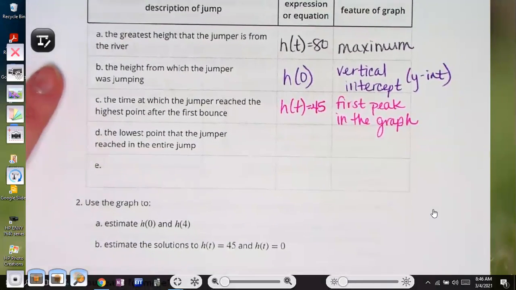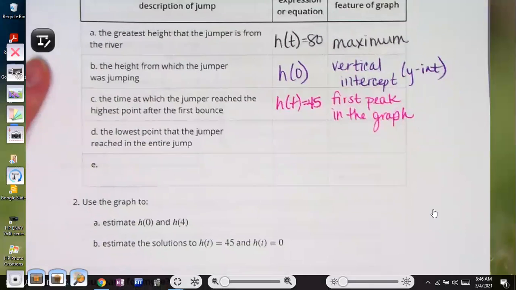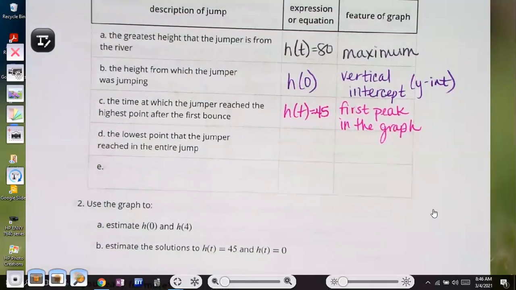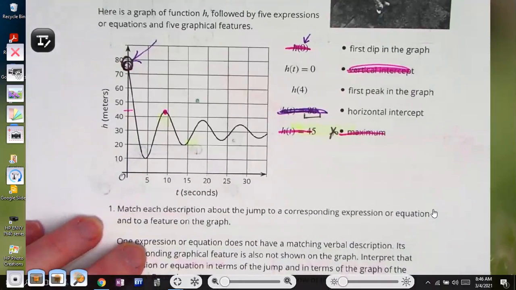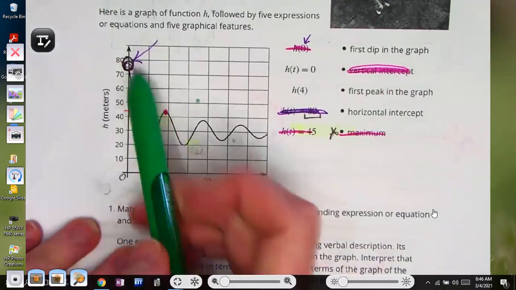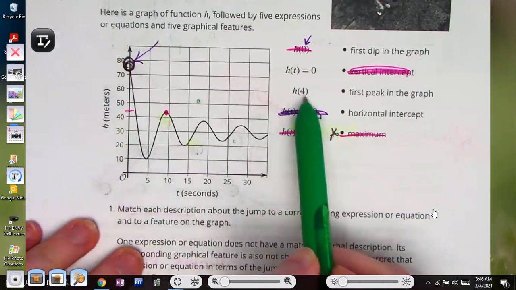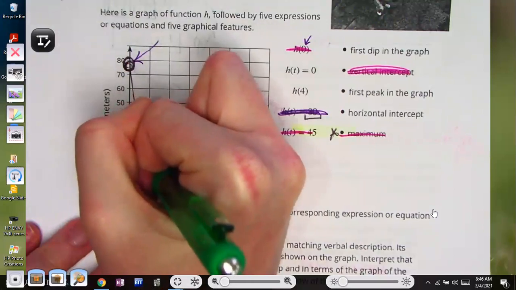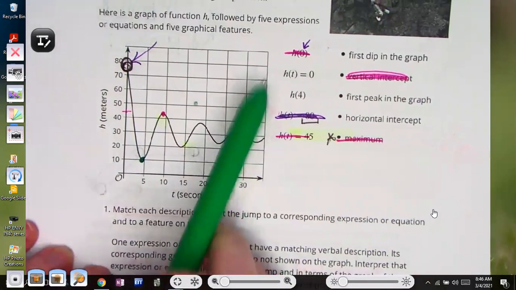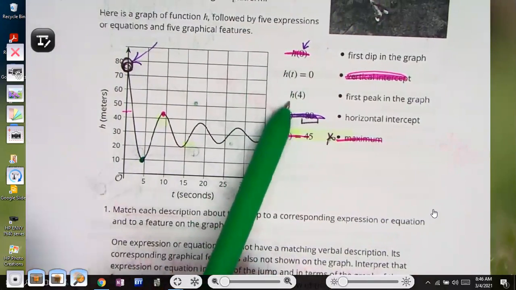All right, D says the lowest point that the jumper reached in the entire jump. What is the lowest point that the jumper reached the entire time? It was at 10 meters. So that's right here. It's the lowest point. Which one of these two describes that point?